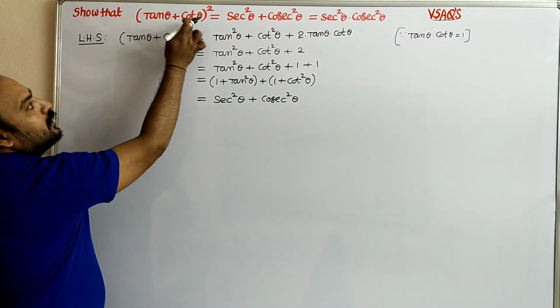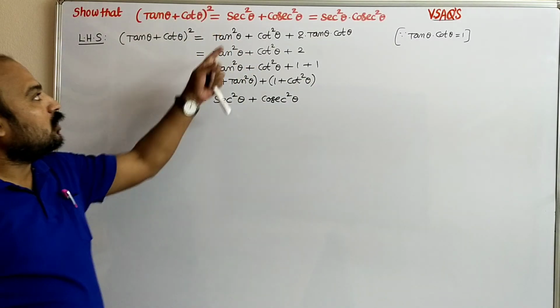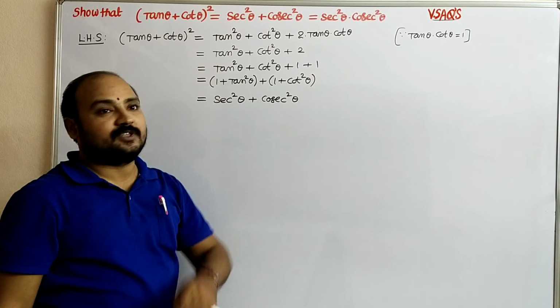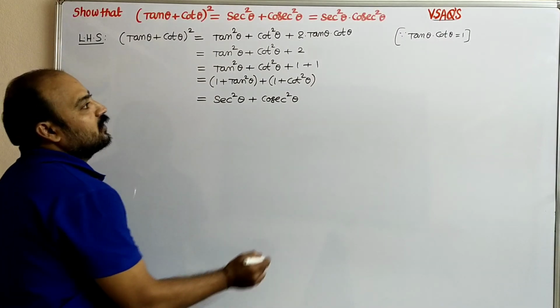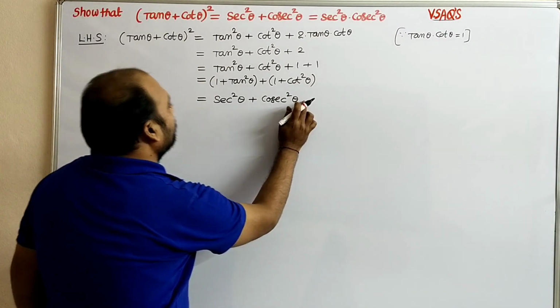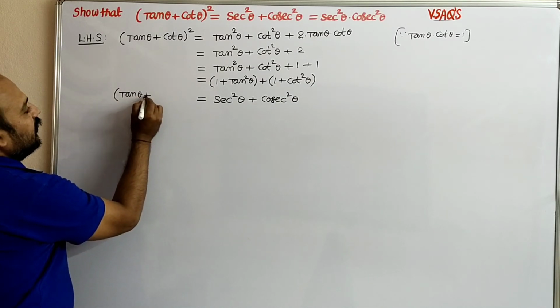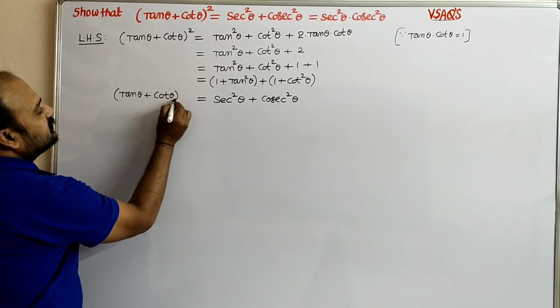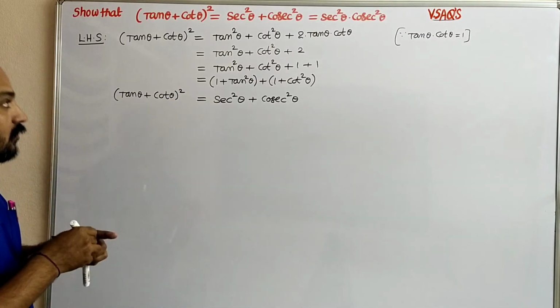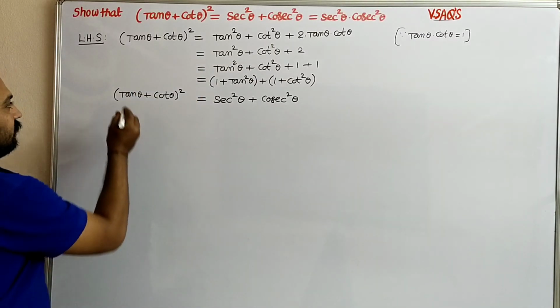Hence proved, tan theta plus cot theta whole square equal to secant square theta plus cosecant square theta. Here one of the answers we got. So tan theta plus cot theta whole square is equal to this, here only one result we got.